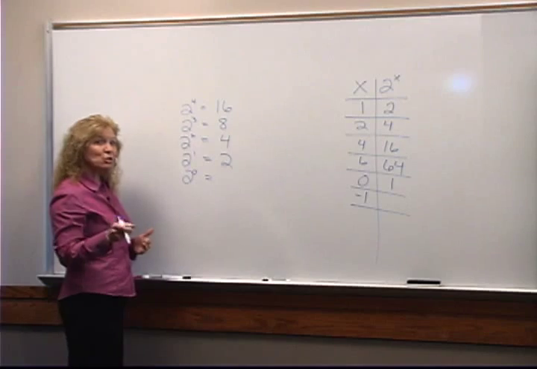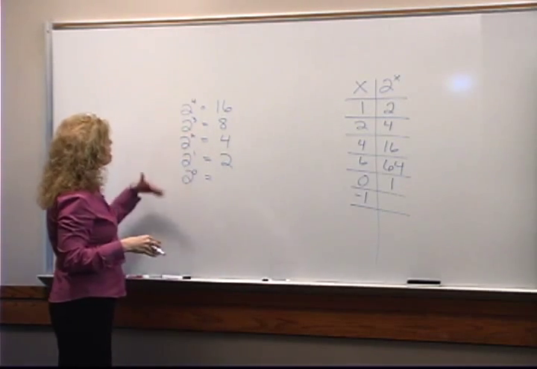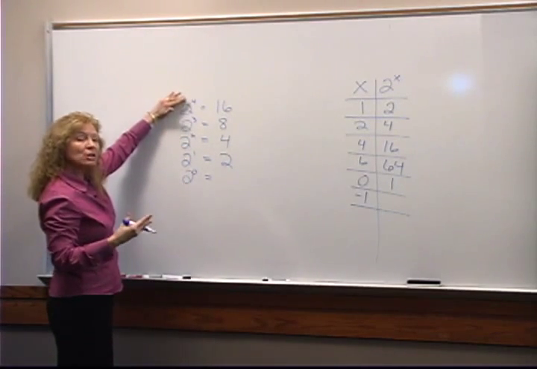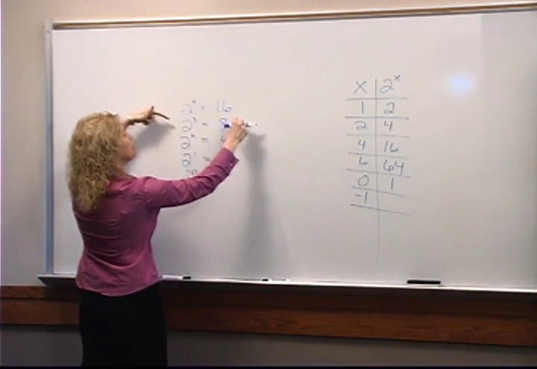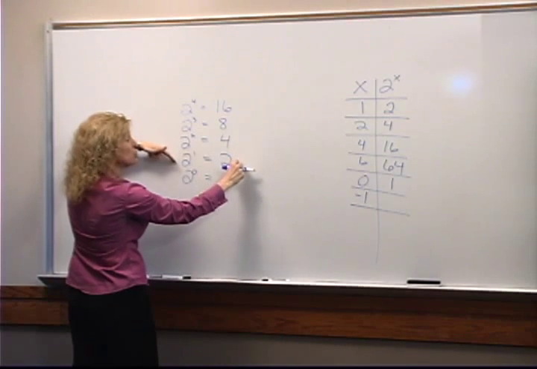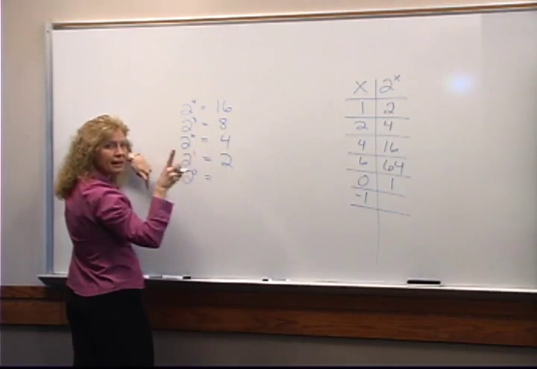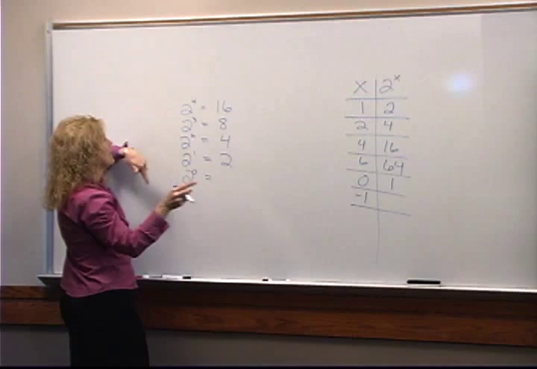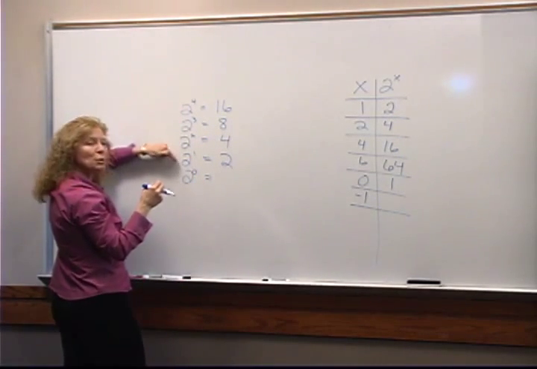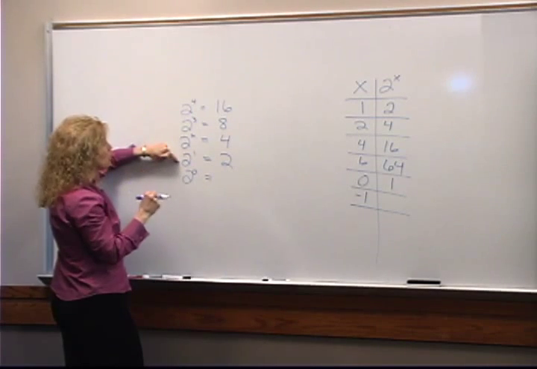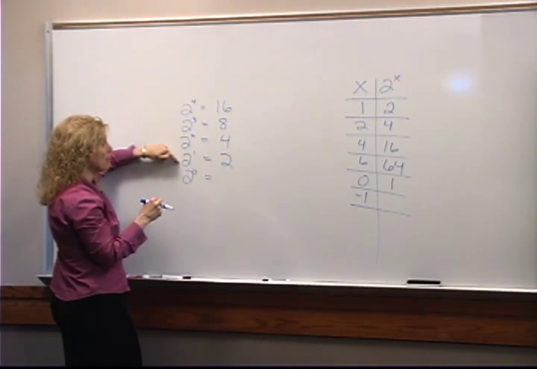Well, here's what's kind of interesting, the way I wrote this. Look at what's happening as we go down the left side. Essentially, I'm dividing both sides of this equation by 2. As I divide by 2 on the left-hand side, you are seeing that exponent decrease by 1 each time.